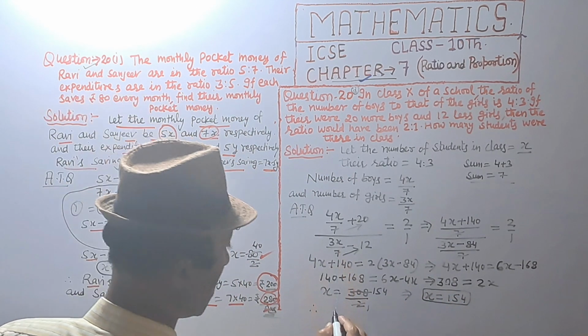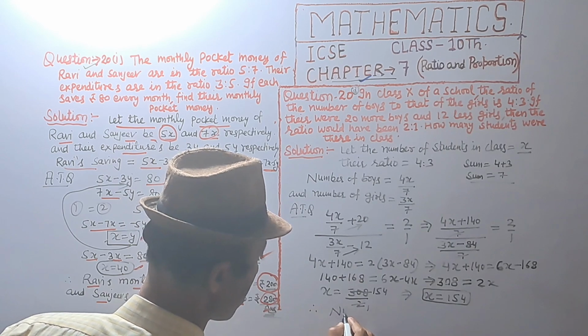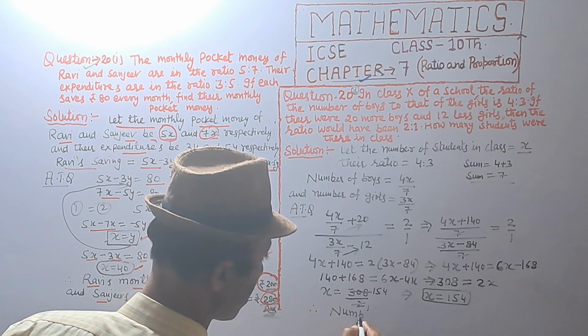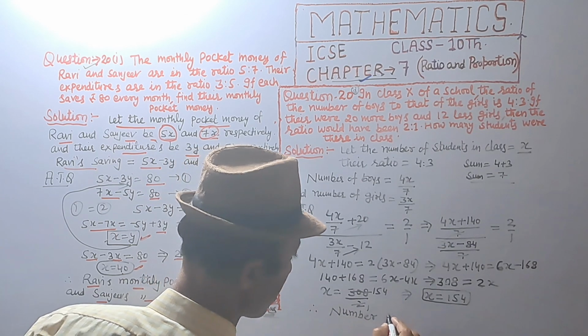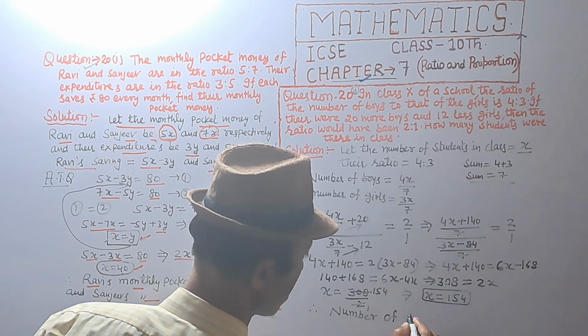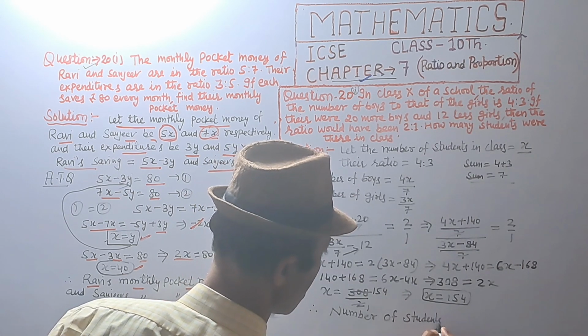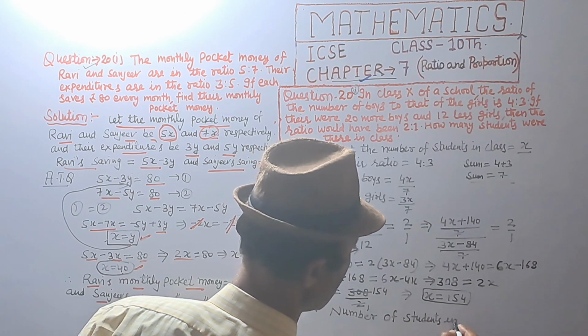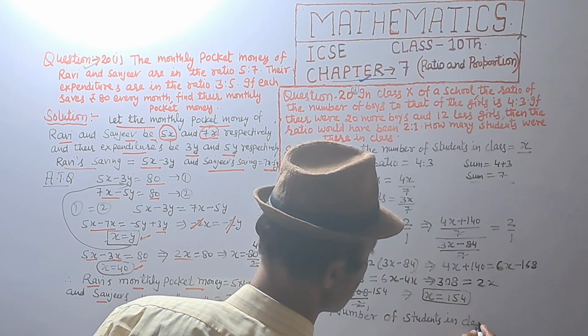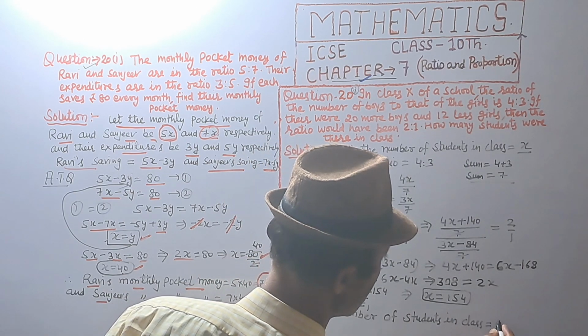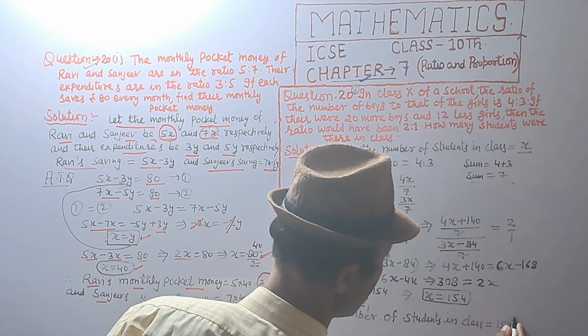So number of students in class is equal to 154.